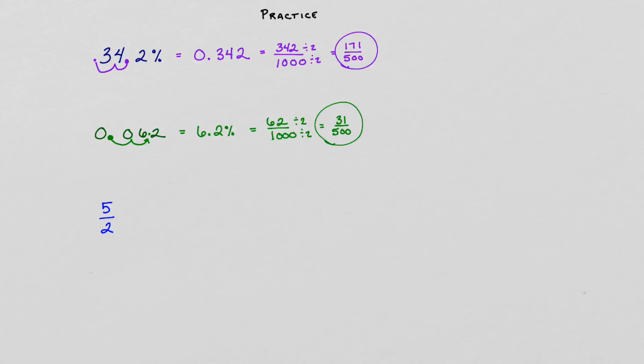Notice that I do have a denominator of 2, so I can easily convert this into a denominator of 100 if I simply multiply both the numerator and denominator by 50, because again, I want to maintain the value of that fraction. So this becomes 250 over 100. In other words, this is 250%, or 250 out of 100.